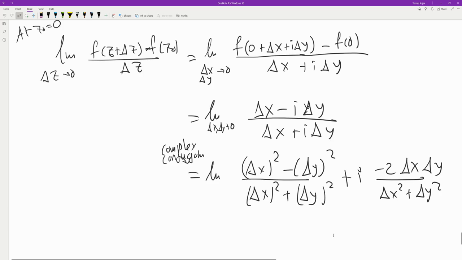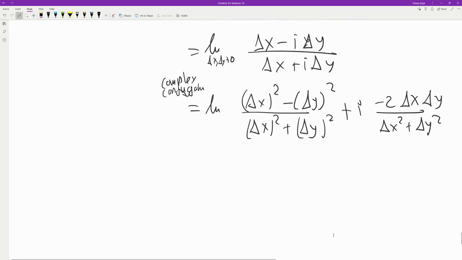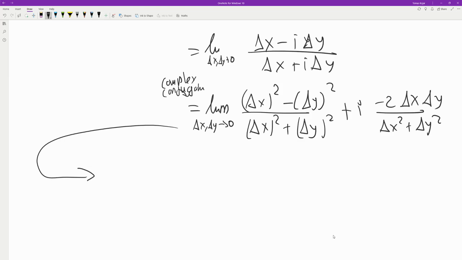Okay, so what's the point here? Well, we have the same non-existence like we did in the continuity clip. So there are two options, right? We can take delta x to be 0 and delta y going to 0.